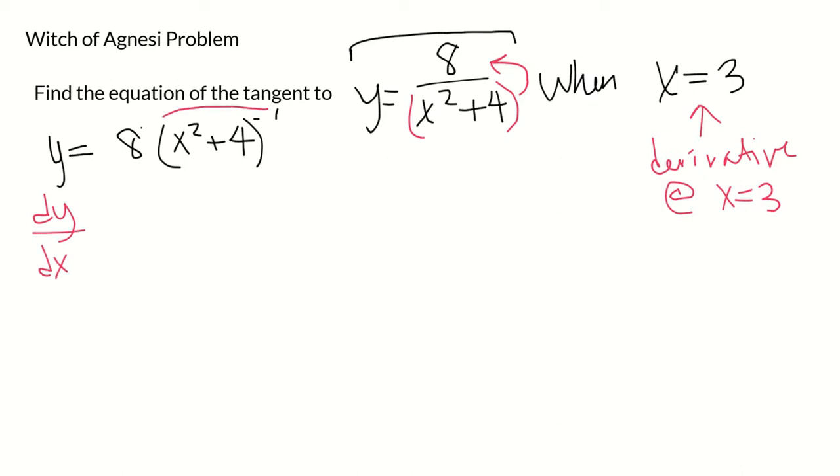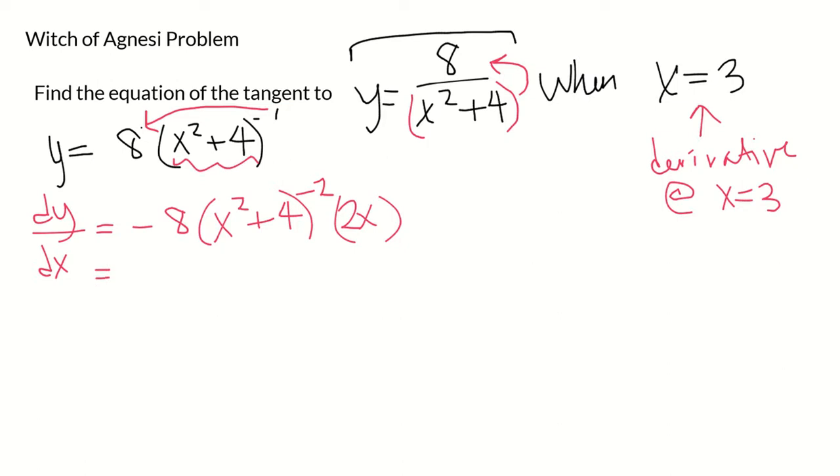So if we do dy dx here, we're going to pull down the exponent, so that would be negative 8, and then this x squared plus 4 to the negative 2, and then chain rule says now we have to do the derivative of the inside, so multiply that by 2x, which is the derivative of this inside.